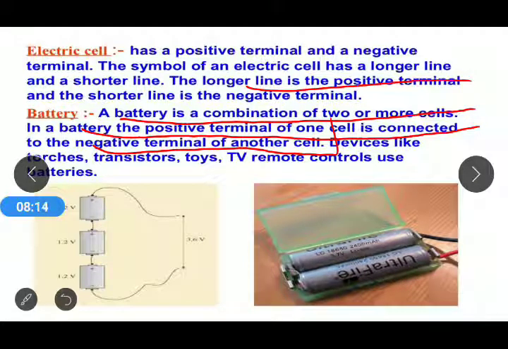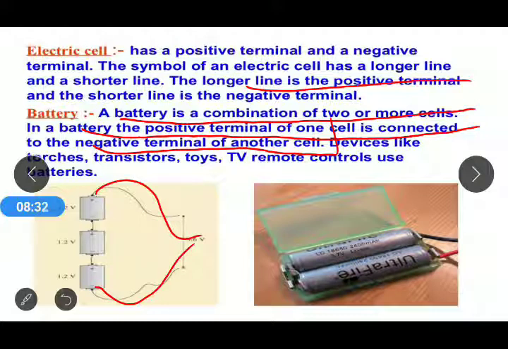This is the collective approach to create a battery. There are three cells and there is a positive and a negative terminal. In that way we are able to make a battery.